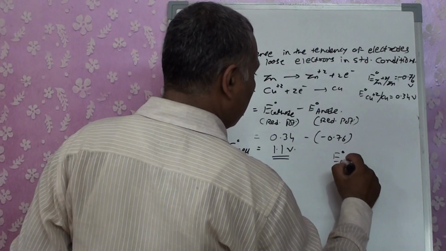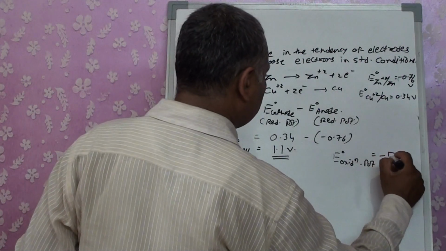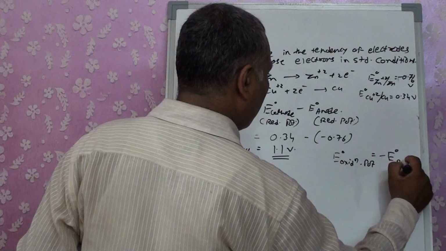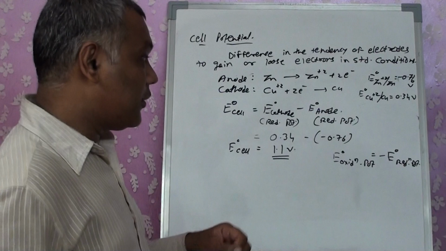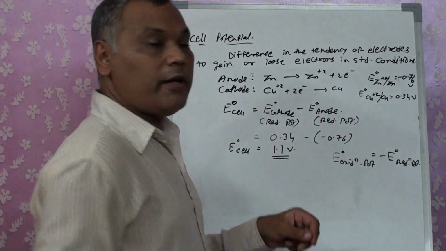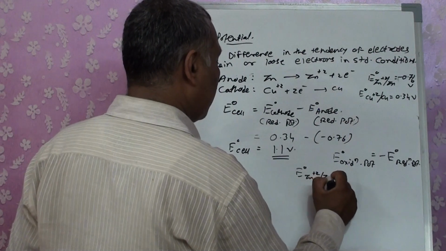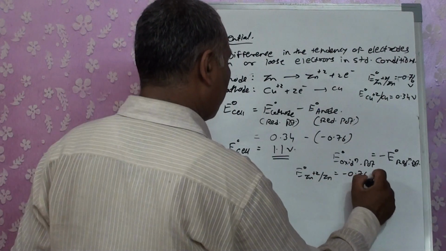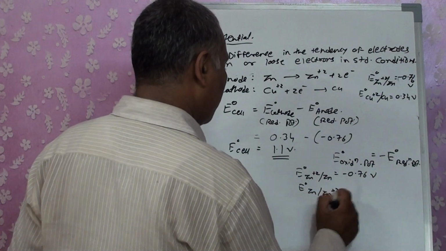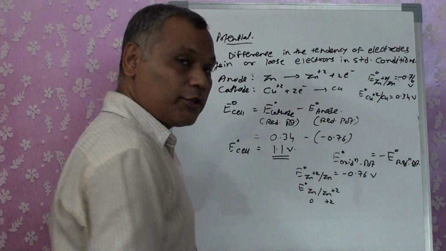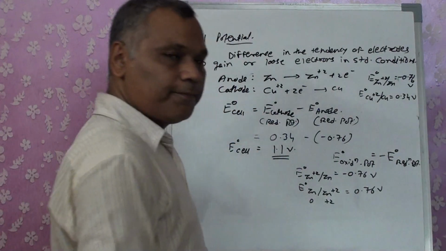The reason is, you can say E naught of oxidation potential is equal to minus E naught of reduction potential. That means only the sign is going to change. Right? If I want to write E naught of Zn plus 2 Zn, it's minus 0.76 volt. Then for the oxidation potential, Zn to Zn plus 2, that means 0 to plus 2, it's an oxidation, its potential will become 0.76 volt.